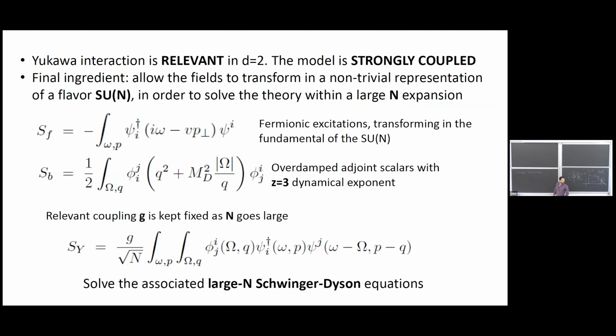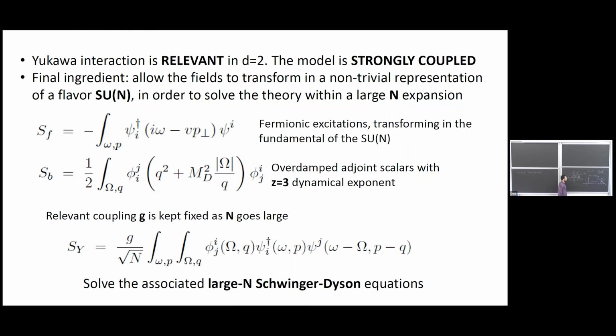The Yukawa interaction in these dimensions is relevant, so we need to find some control parameter. And as we practical physicists are not tied to the bounds of reality, we can promote the fields to transform in some non-trivial representation of SU(N). In particular, we'll consider a model of fundamental fermions and adjoint scalars, and we will take N to infinity.